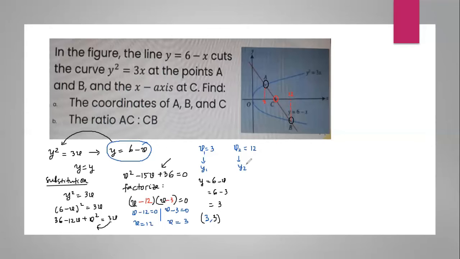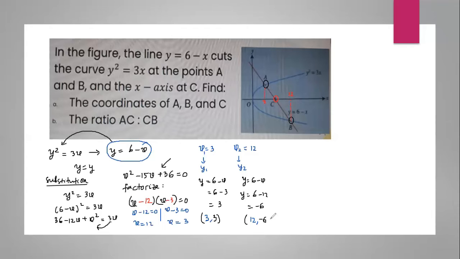The second, x2 is 12, so y equals 6 minus 12, you get minus 6, and your coordinate is 12, comma minus 6.